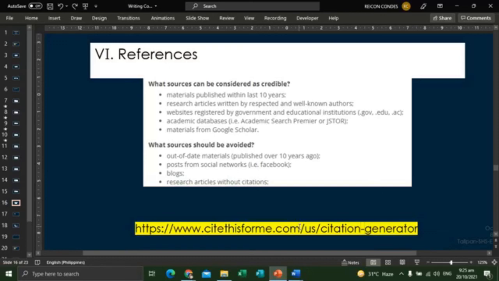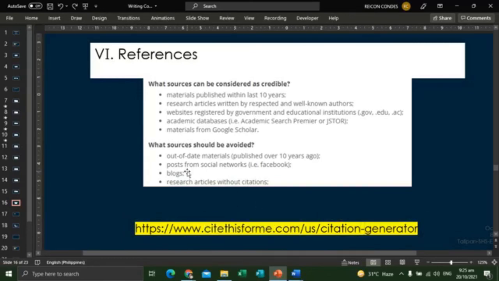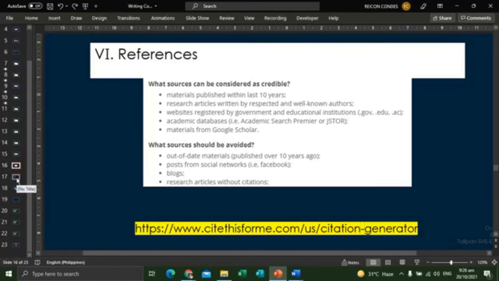What I am just providing is a sort of, hindi ko naman sinasabing hack, pero papaano natin mapapadali. Ayan, you can use the site. Pwede nyo puntahan doon. You can also explore other websites na nagpo-provide ng free citation machines. Okay. So that's it for references, and now we are done with the different parts or contents of your concept paper.